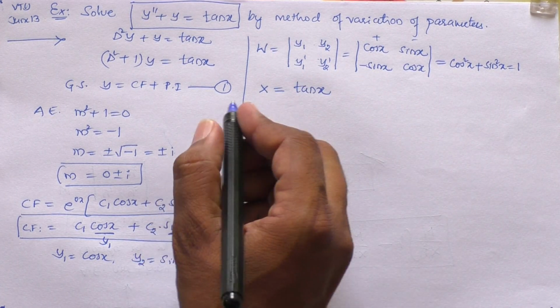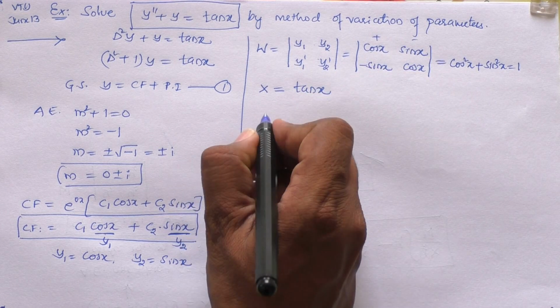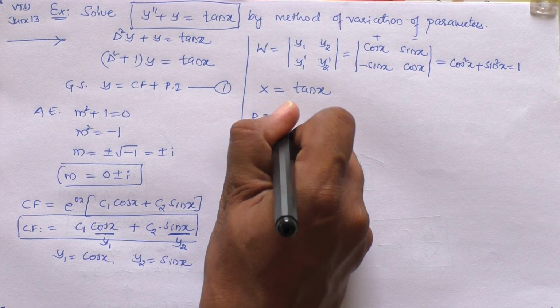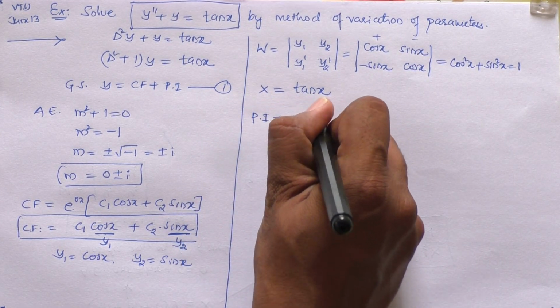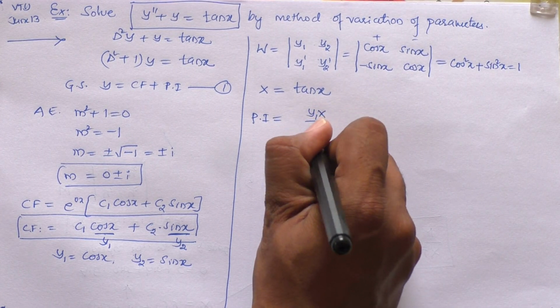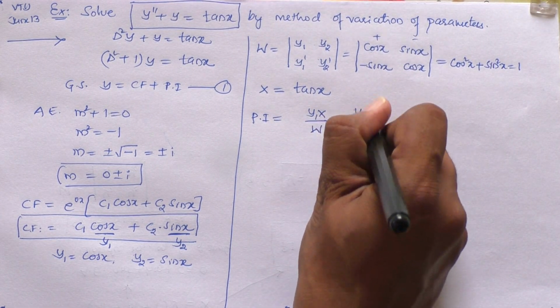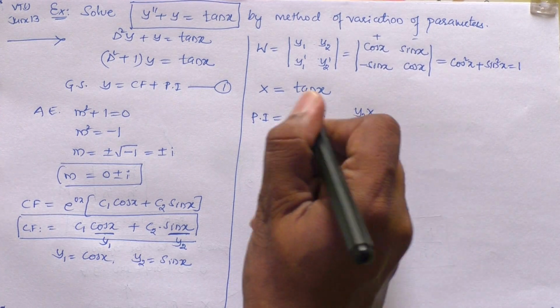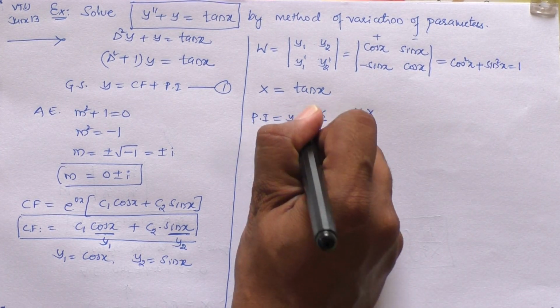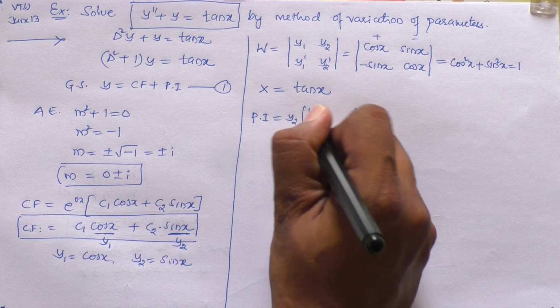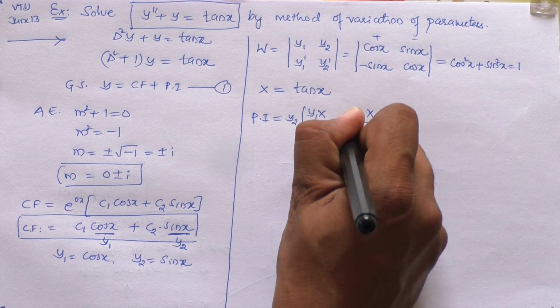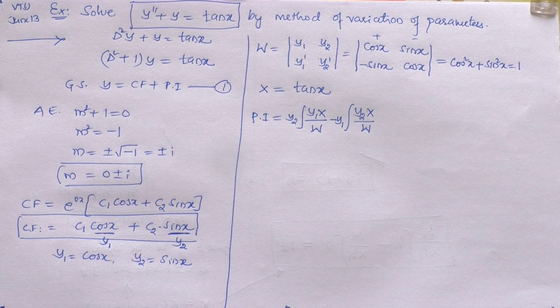So now in the method of variation of parameters, PI, how do we find it? PI is: first term y1 X by W, second term y2 X by W. So the first term is multiplied by y2 into integral, minus y1 into integration of the second term.